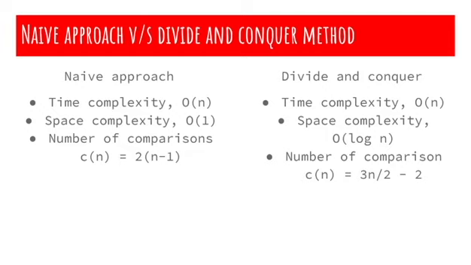Also, we see that it is sometimes necessary to work out the constants associated with the computing time bound for an algorithm. Both the divide and conquer MinMax and the straightforward MinMax approach are order of n, so the use of asymptotic notation is not enough for a discriminator in this situation.